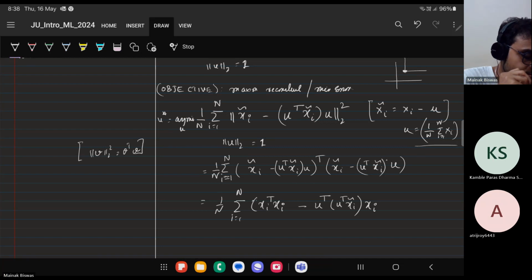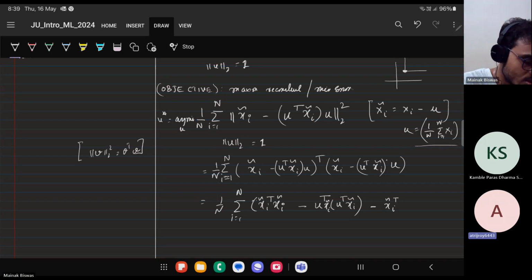Then I'll just write xi on the left so that there's no issue. The first part should be xi tilde transpose xi, everything is tilde. If I miss the tilde, you don't think it's anything but my writing issue.